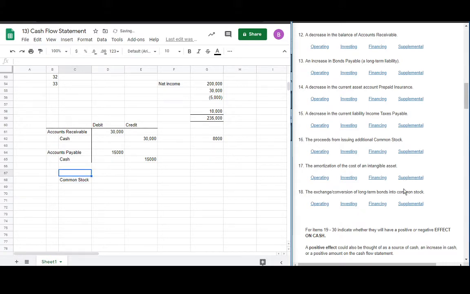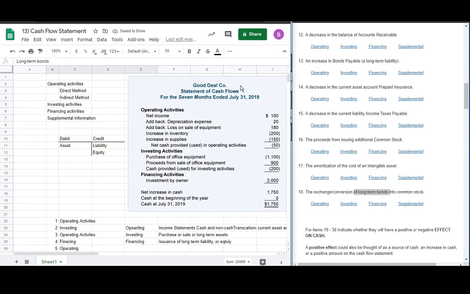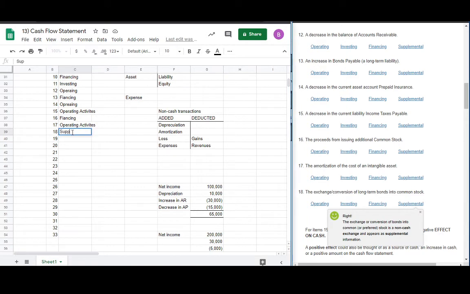Then we debit the long-term bonds. For example, the amount is 10,000. We can see that there is no cash involved. So it is not included in the statement of cash flows. So it is supplemental information.